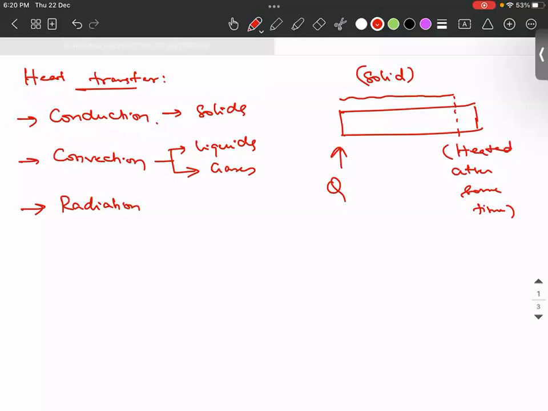I'll try my best. This one is very good, especially rotation mechanics. It is a very good chapter. If you are able to master that, 75%, I won't say 75%, 50% of physics, and you will apply it in many other branches also.